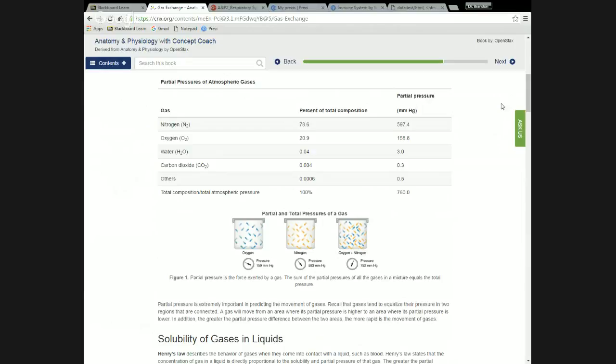So we know what the partial pressures are of things because 78.6% of 760 is 597.4, or 20.9% of this is, so we can just do the math. We know what the composition of the air we breathe is, and we know what its total pressure is, so we can just sort of back calculate it.